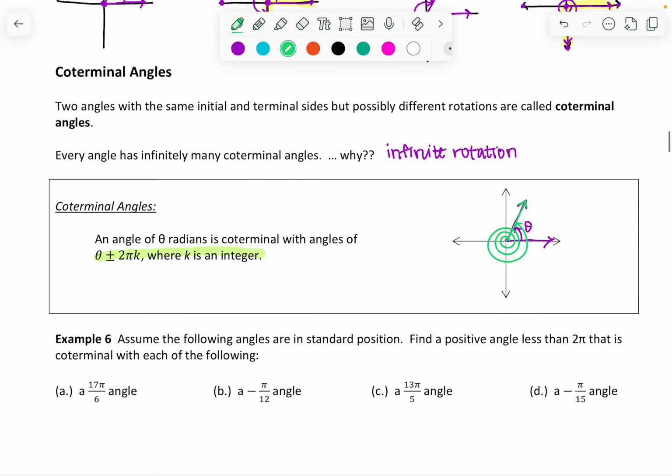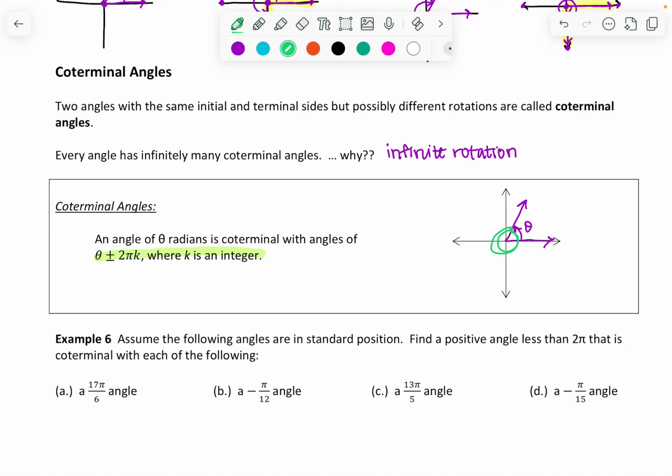And again, this 2 pi k means any multiple of 2 pi. So I could add 2 pi, 4 pi, 6 pi. That would be if k is 0, k is 1, k is 2: no pi, 2 pi, 4 pi, and so on. Or it could be negative. K could be negative 2, which would mean I'm adding negative 4 pi, which means I'm doing the exact same thing, but rotating in the opposite direction.